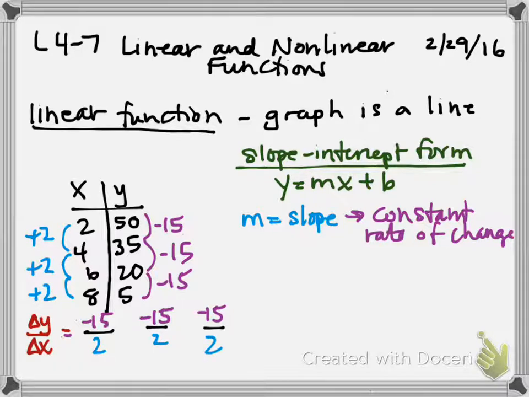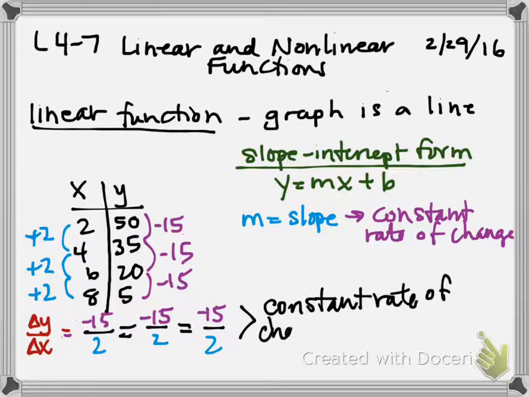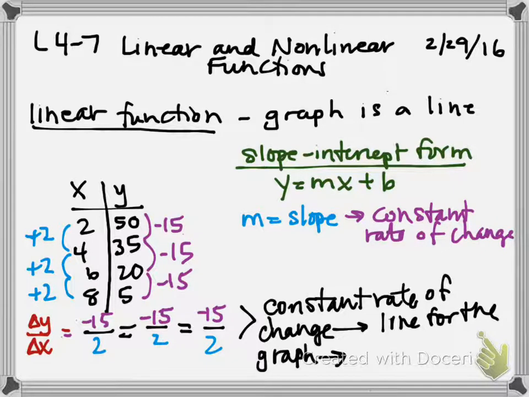And what do I notice about negative 15 over 2, negative 15 over 2, negative 15 over 2? They're all the same. So because I have a constant rate of change, that leads me to conclude that I'm going to get a line for the graph, which allows me to conclude that this is a linear function.